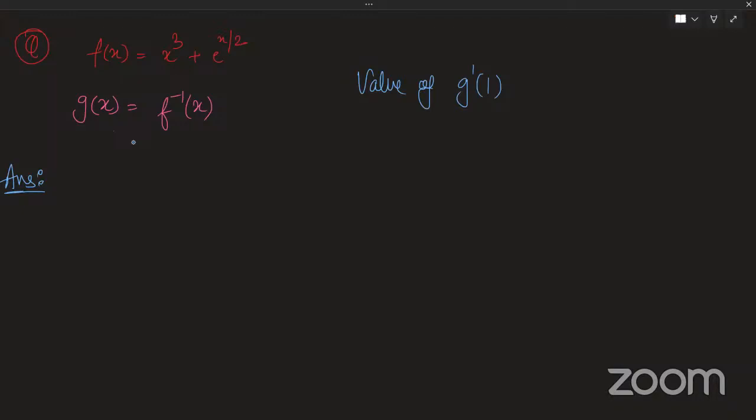Do we have any property related to the inverse? First of all, what is meant by the word inverse? What does the inverse of a function give you? Anyone who remembers?